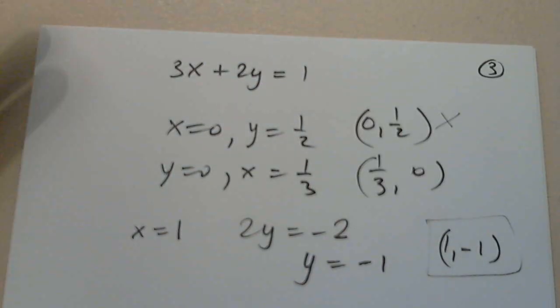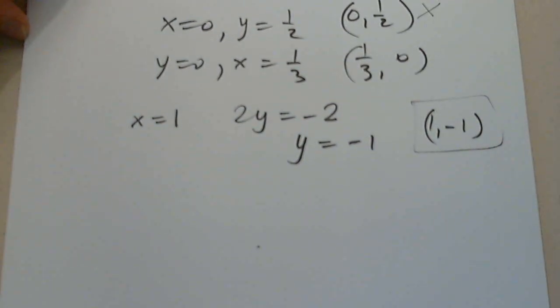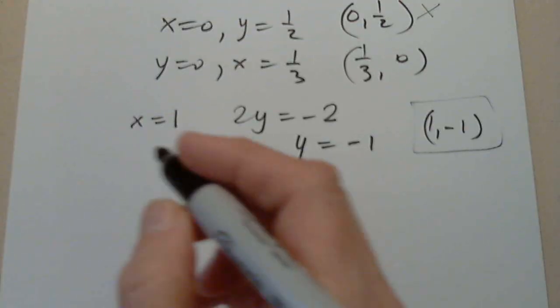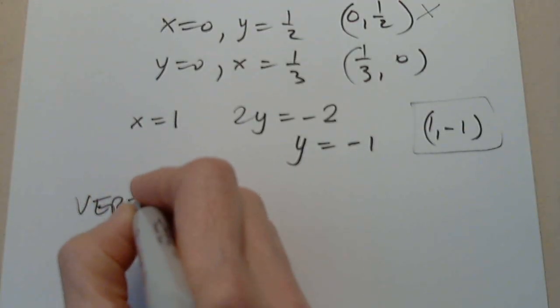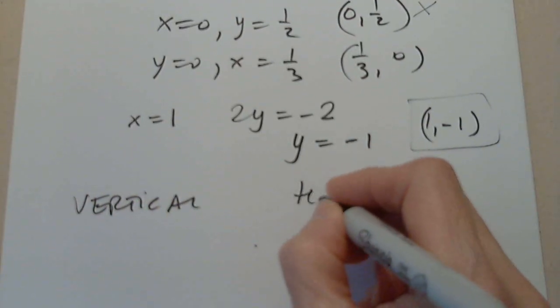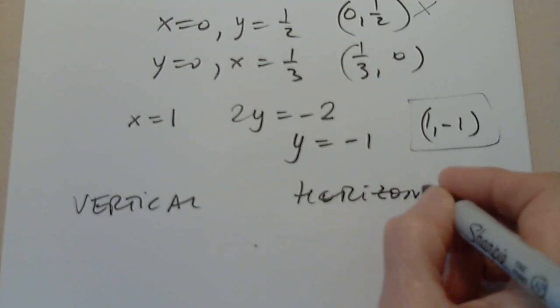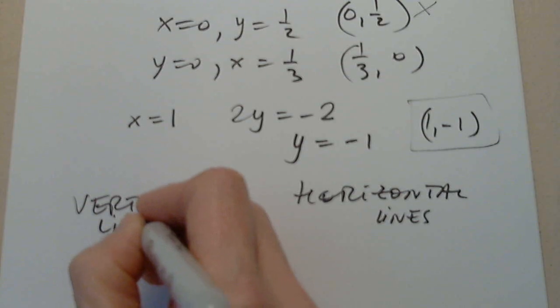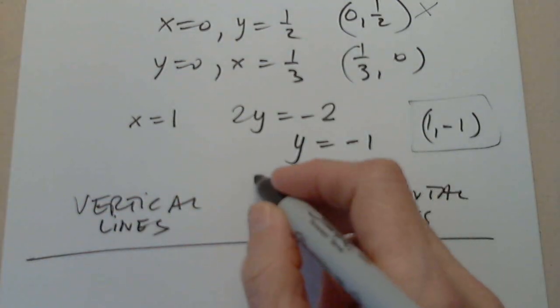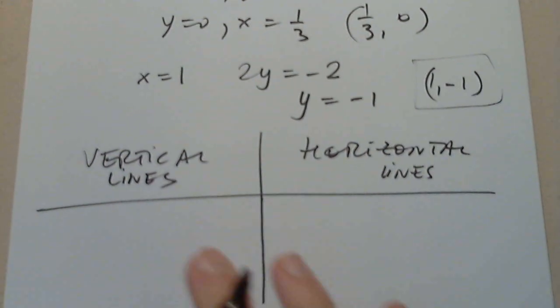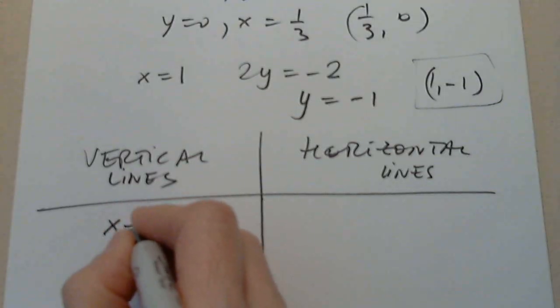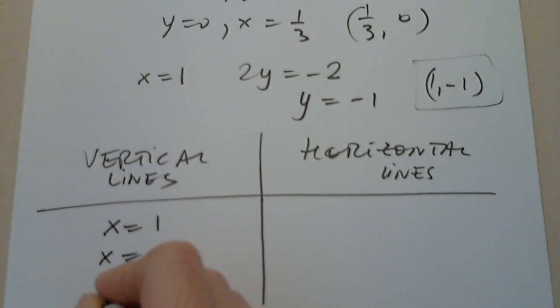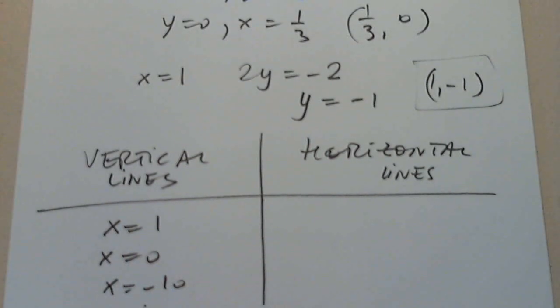Okay. Now, we already started from the very beginning by graphing vertical and horizontal lines. This is what we did when we started Mod 4, because this is very important. Vertical lines look like x equals 1, x equals 0, x equals -10, and so on and so forth.